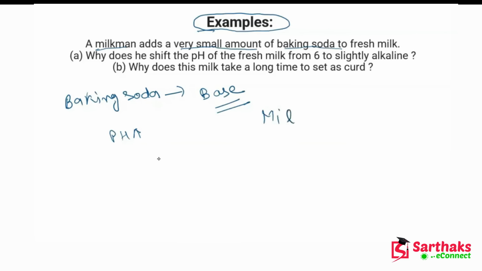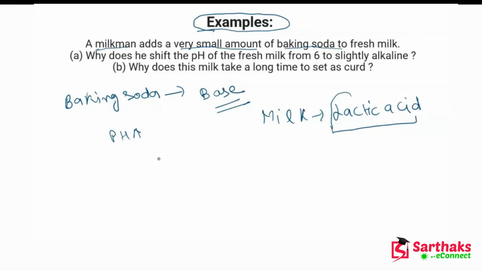We all know that milk has lactic acid. If there is an excess of lactic acid, it will become sour. That's why he adds some baking soda to the milk, so that it will not get sour easily due to the formation of lactic acid.